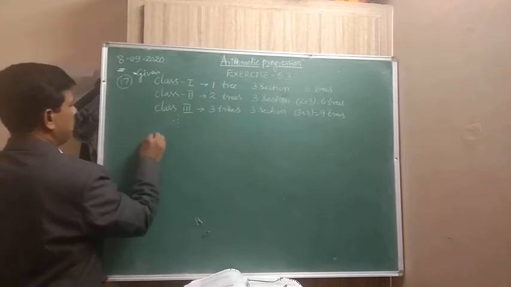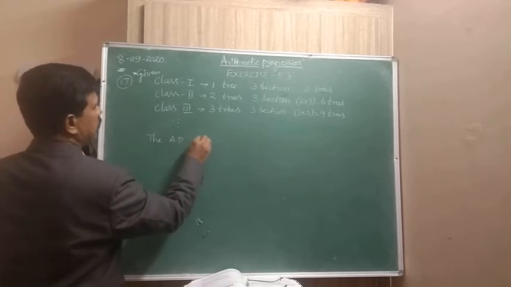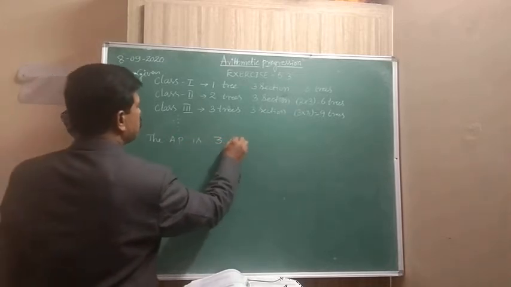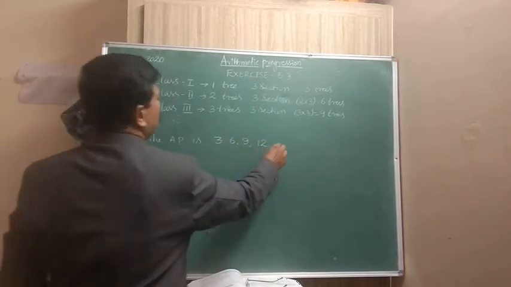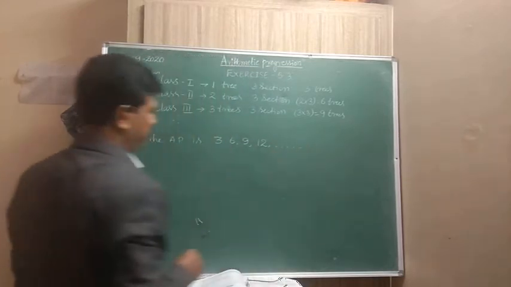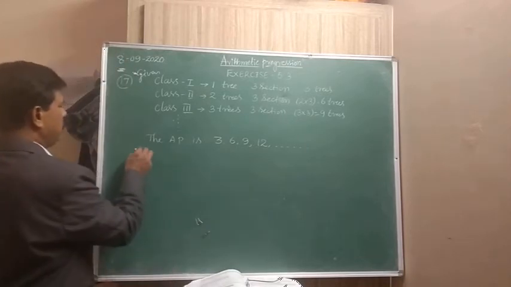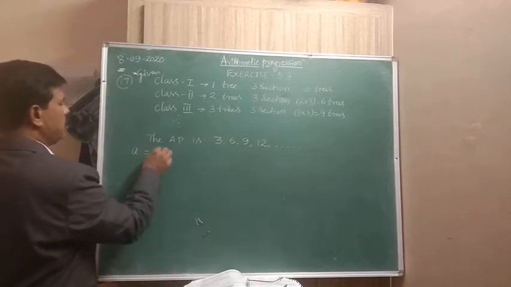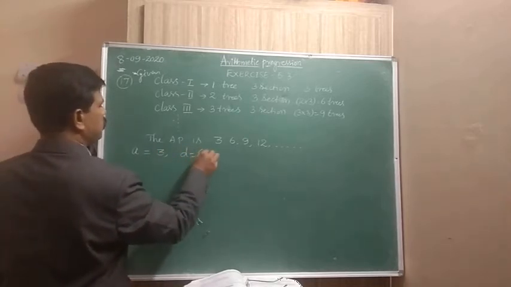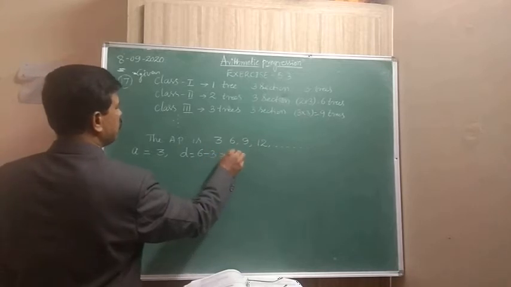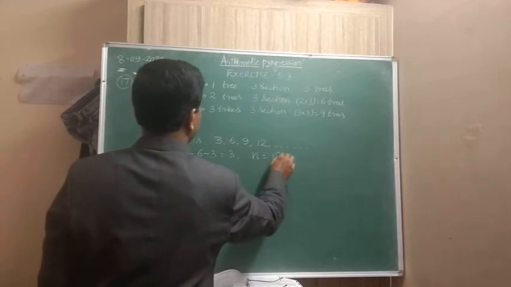Therefore, the AP is what? 3, 6, 9, then 12, etc. Now write down a is equal to 3, then d equals 6 minus 3 is 3, then n equals 12.